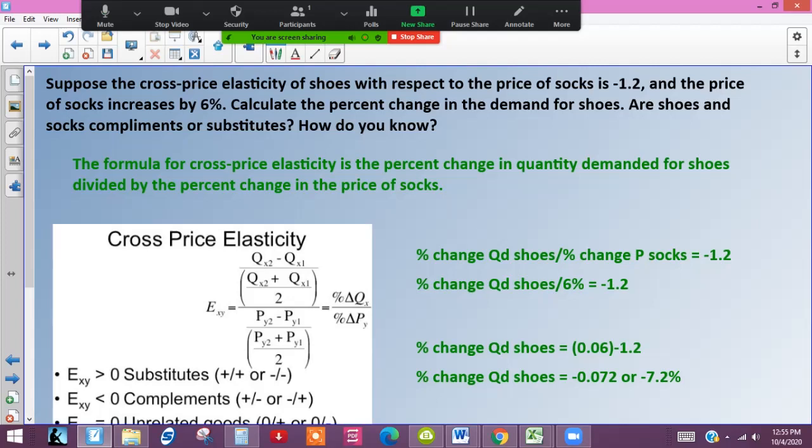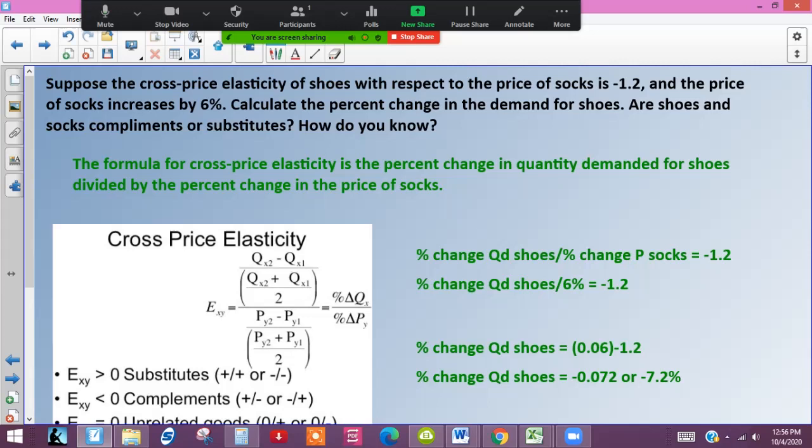So quantity demanded of one good is a function of the price change in another good. And depending on what the relationship is, we can determine whether the two goods are substitutes or complements of each other. So in this case, we're given partial information.